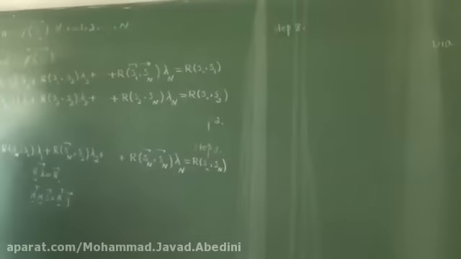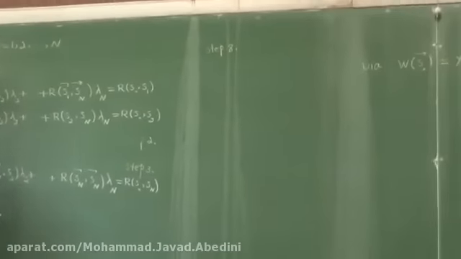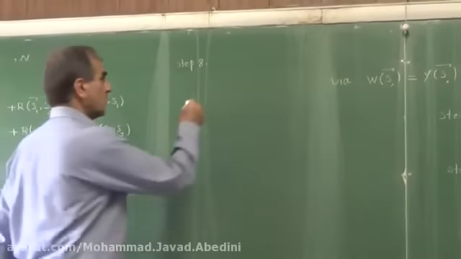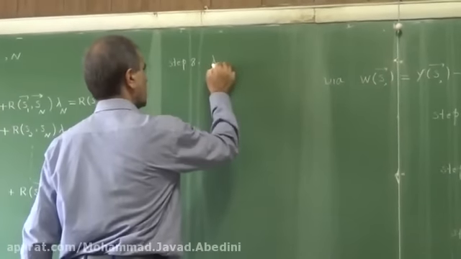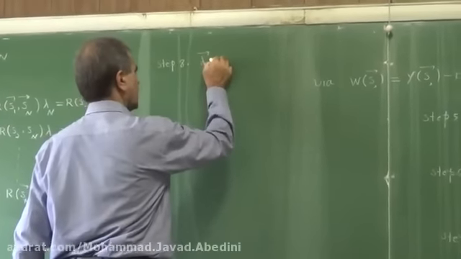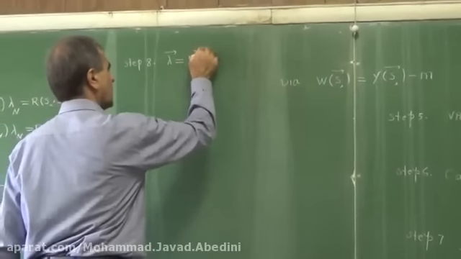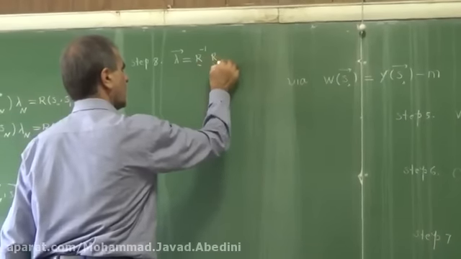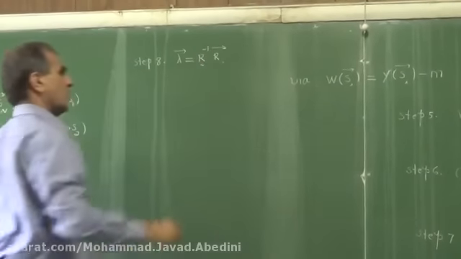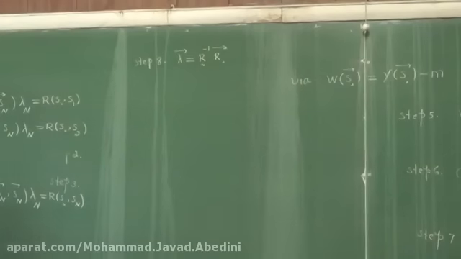When it comes to step 8, you have to solve this system for lambda. You have to multiply both sides by R inverse to get the numerical value of lambda.